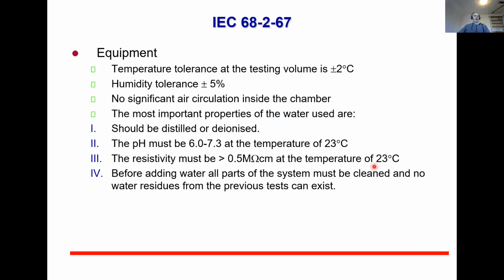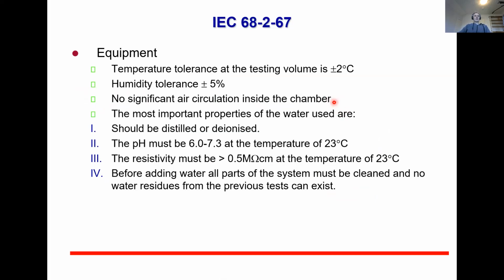Here are some additional requirements for the equipment. The temperature tolerance is ±2 degrees for the whole testing volume. The humidity tolerance is ±5%. Then there's this vague expression: no significant air circulation inside the chamber. That is quite a difficult thing to really quantify.